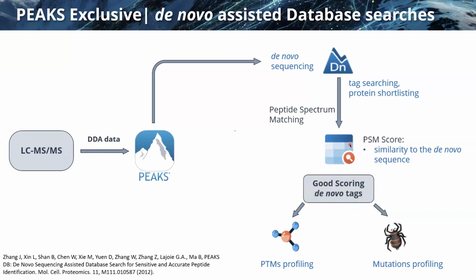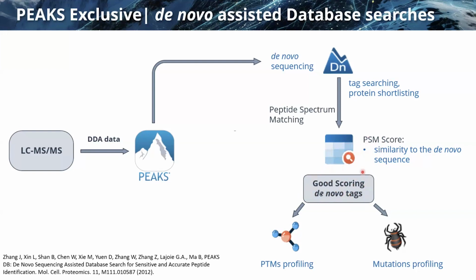So we know that the database search has a limitation in terms of the search space and, for example, the number of PTMs allowed before that search space, of course, explodes.